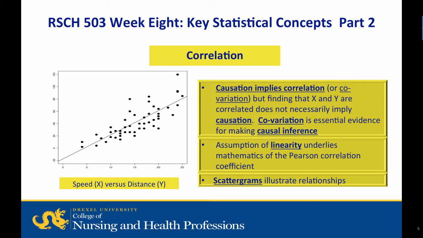Causation implies correlation, or covariation, but finding that x and y are correlated does not necessarily imply causation. However, covariation is essential evidence for making causal inferences. The assumption of linearity underlies the mathematics of the Pearson correlation coefficient.